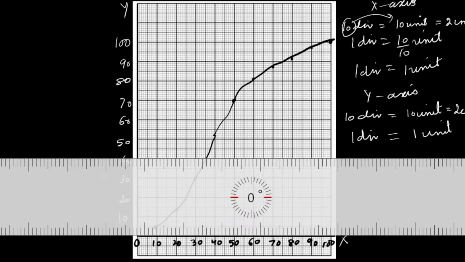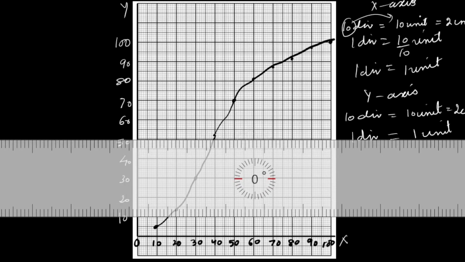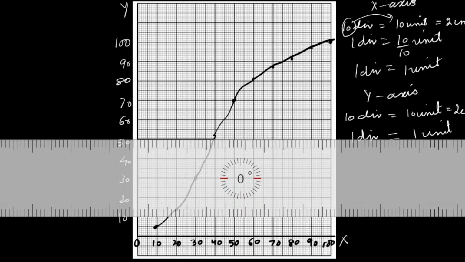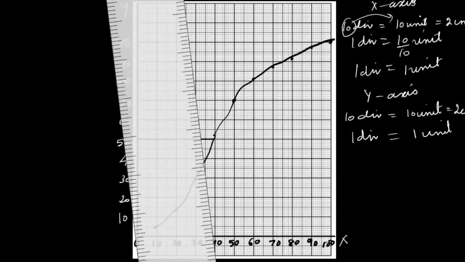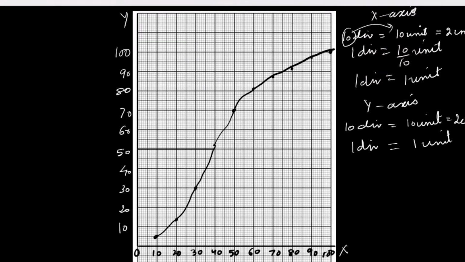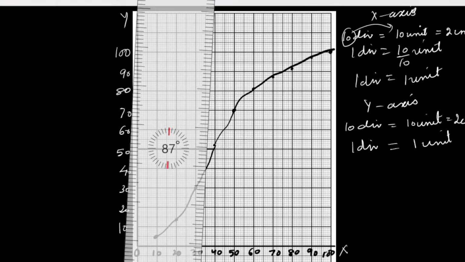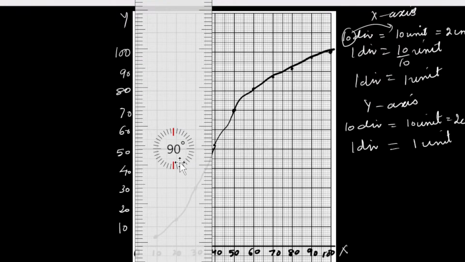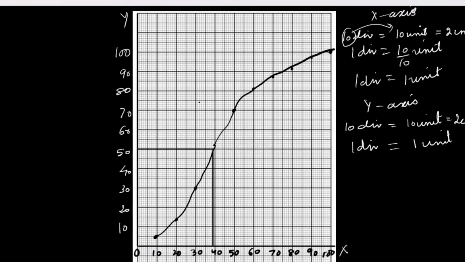We join 50 with the curve, and from the point on the curve we draw a vertical line to the x-axis. The point where it meets is the median. So I am getting 39.